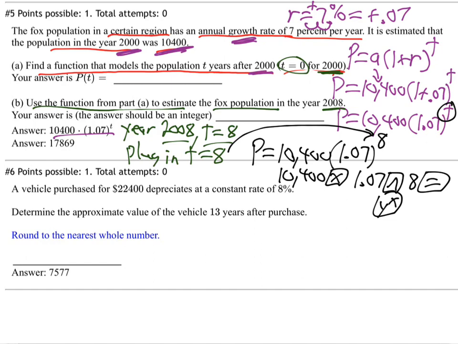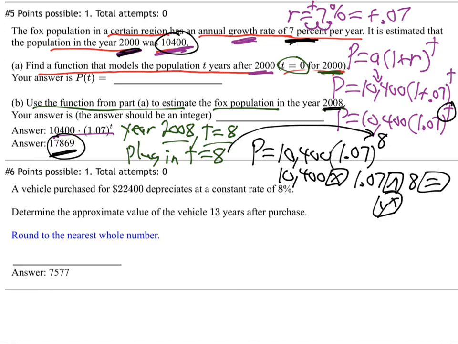Hit those buttons and you'll get 17,869. That would be the fox. As the fox population continues to grow at 7% per year, then by the year 2008, there's going to be 17,869 foxes, starting from 10,400 back in the year 2000.